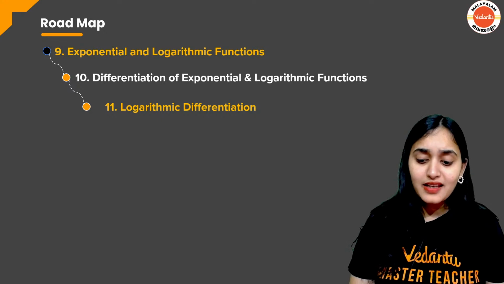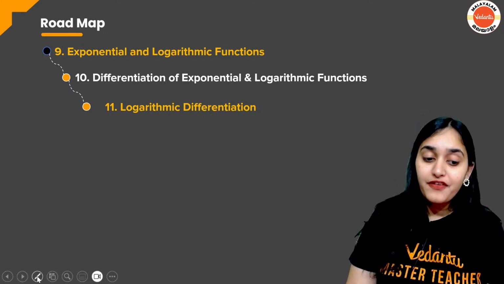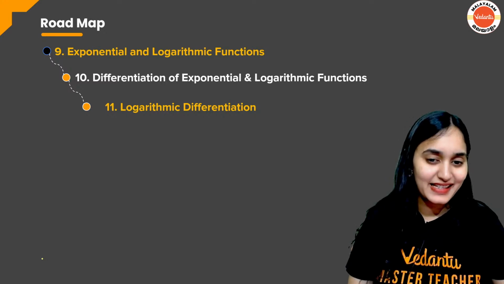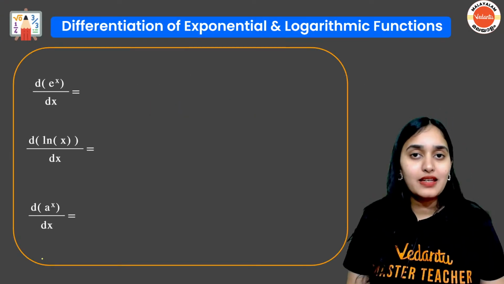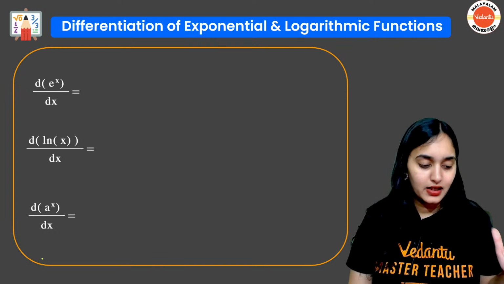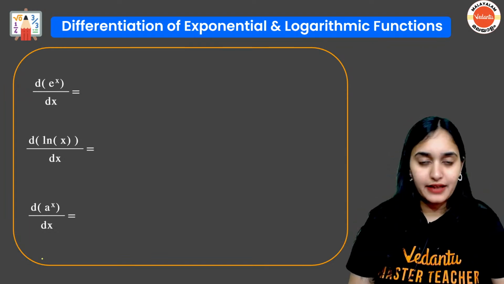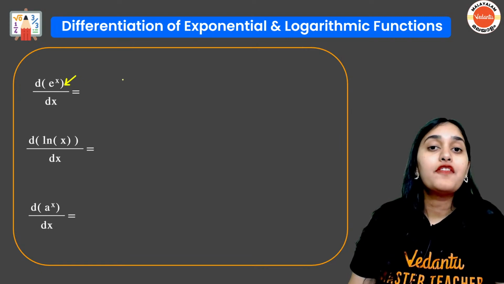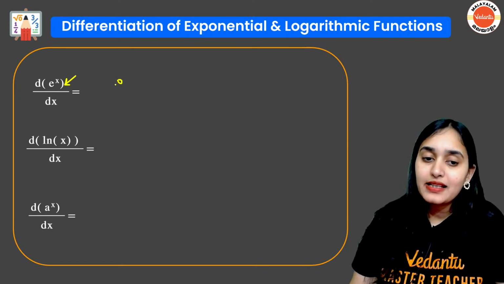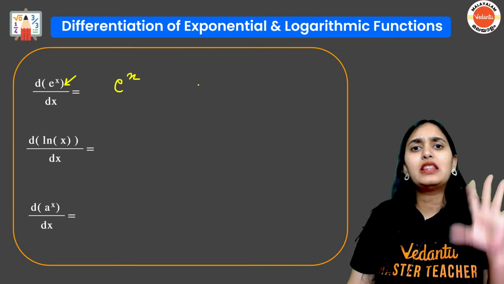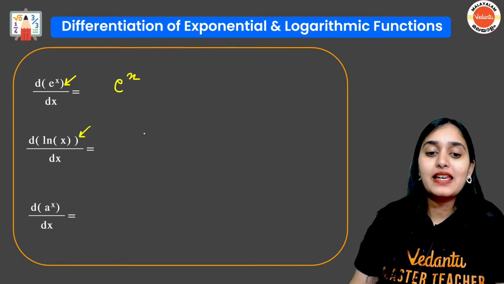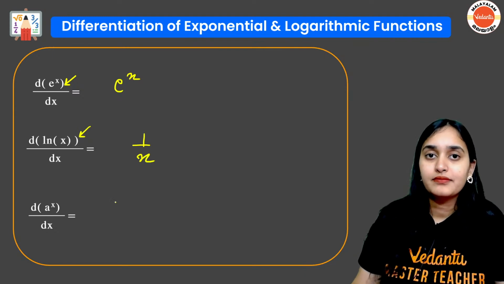Alright. Now let's learn about differentiation of exponential and logarithmic functions. Their differentiation has fixed formulas which you should remember. The differentiation of e to the power x is e to the power x, nothing else. Differentiation of log x is 1 by x, nothing else.